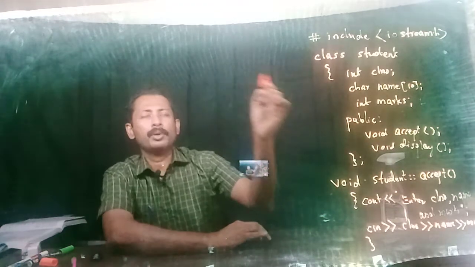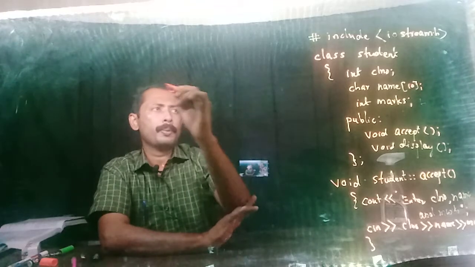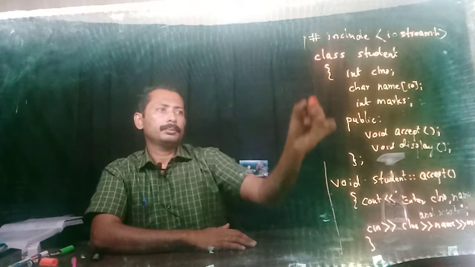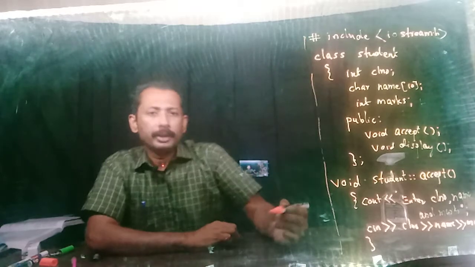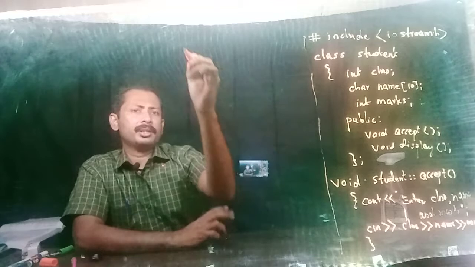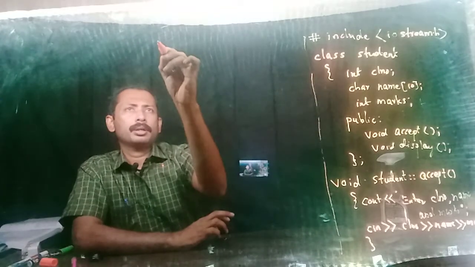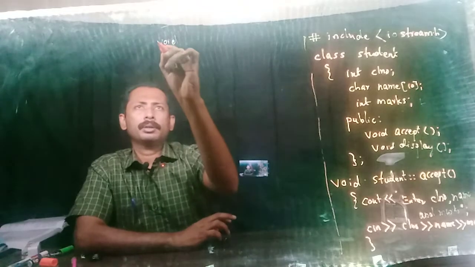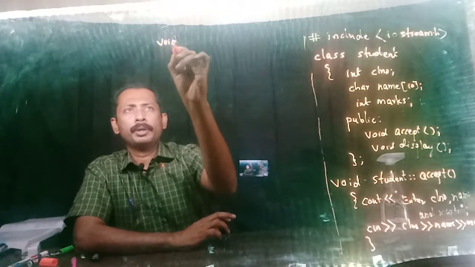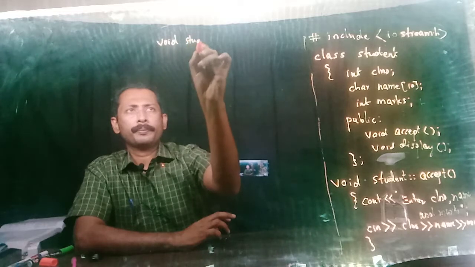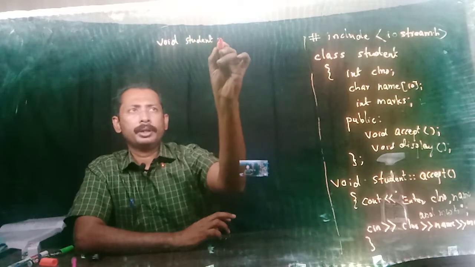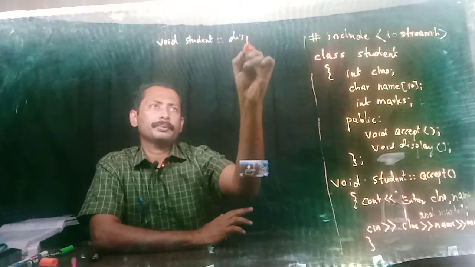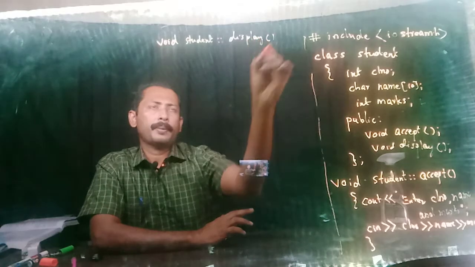Likewise, I have to define the body of the function display also. So I am defining the function here. It is void, then the class name should be specified as student, then the scope resolution operator, then the function name display.